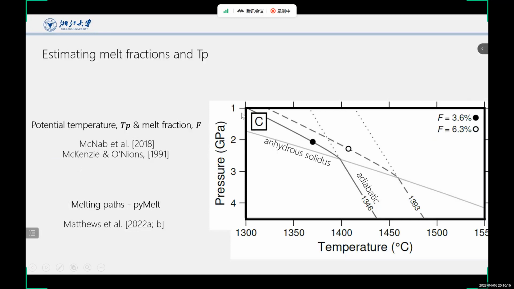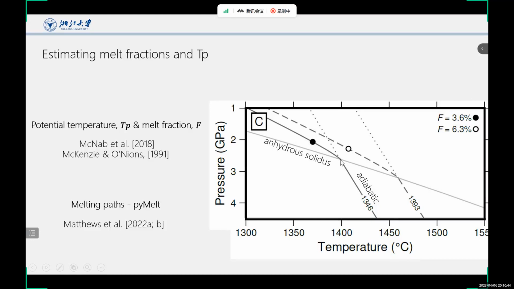Basically, their idea is to fit a melting path line close to their sample temperature and pressure estimate, and this line will get an intersection with the solidus.